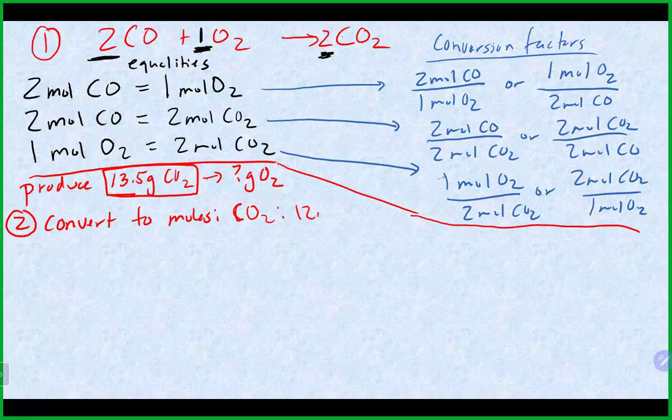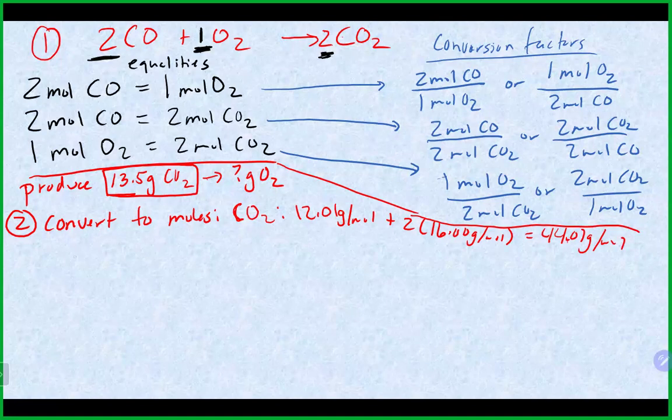That would be 1 carbon at 12.01 plus 2 oxygens at 16 from the periodic table. And that's going to give us 44.01 grams per mole. That is the molar mass, and we're going to use that as a conversion factor.